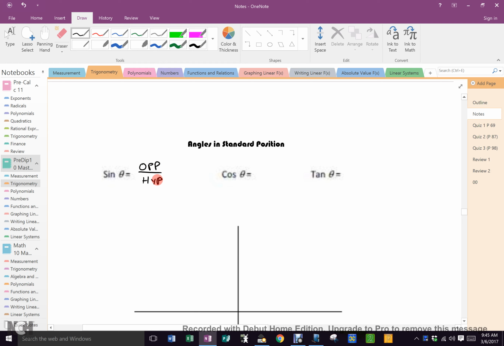It is adjacent over hypotenuse. And what do you know about the tangent? It is opposite over adjacent. We know all of that, yes? You must have that in your head. You've got it locked in. I'm pretty confident with that.